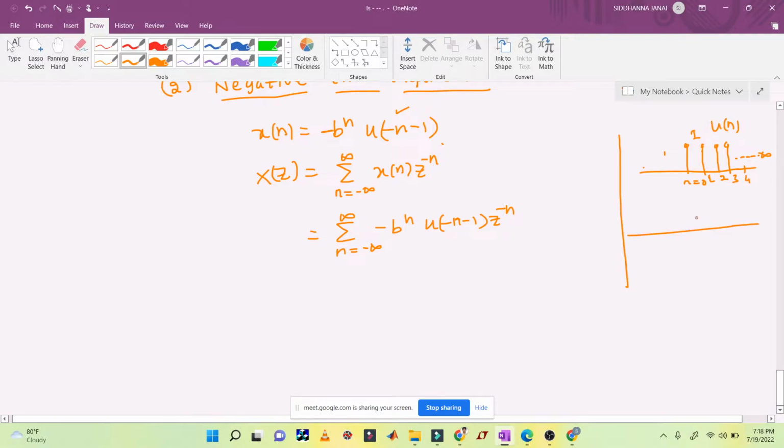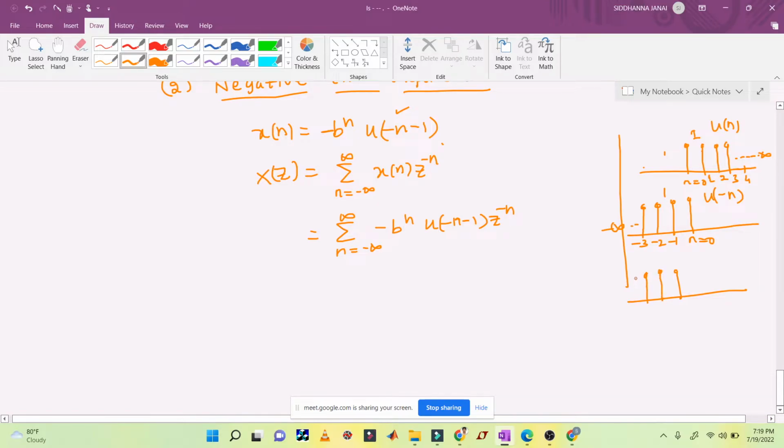When I say u of minus n, you will write this as n is equal to 0, minus 1, minus 2, minus 3, up to minus infinity. This is your u of minus n. Then the next one I am giving is u of minus n minus 1. Already I have told that minus n minus 1 means it is the left shift. Correct? So we will get the sequence starting from here.